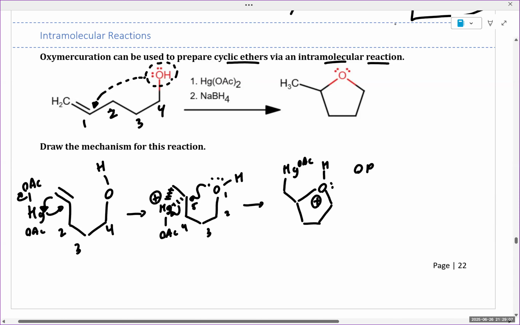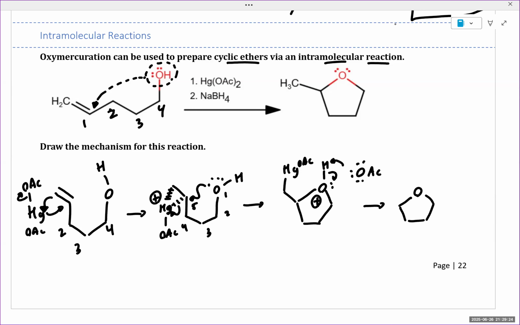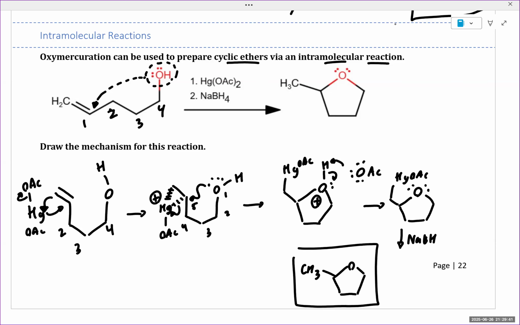As a cleanup step, another equivalent of alcohol or water, or an equivalent of acetate that was kicked off during this reaction, will pull off this proton. And from here, treatment with sodium borohydride will generate our desired cyclic product. Again, the only difference here is we're using an internal nucleophile.